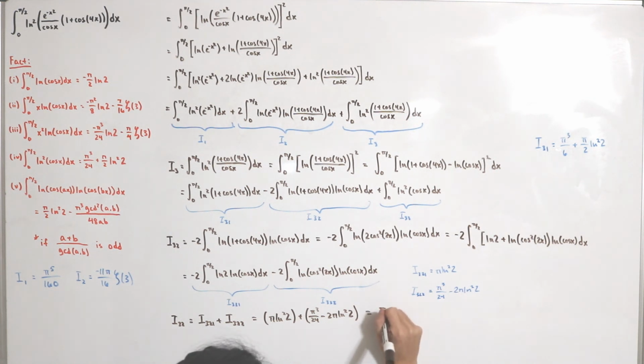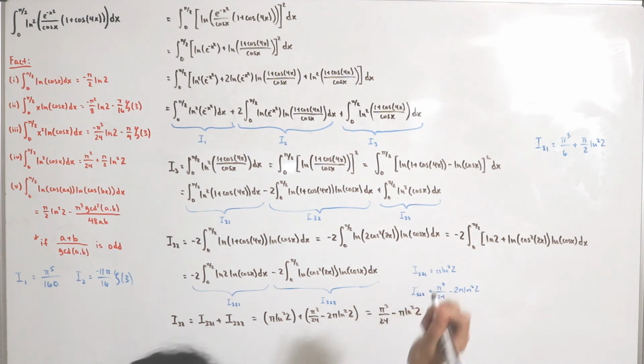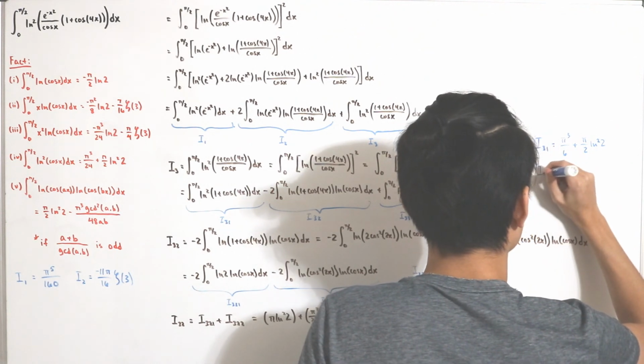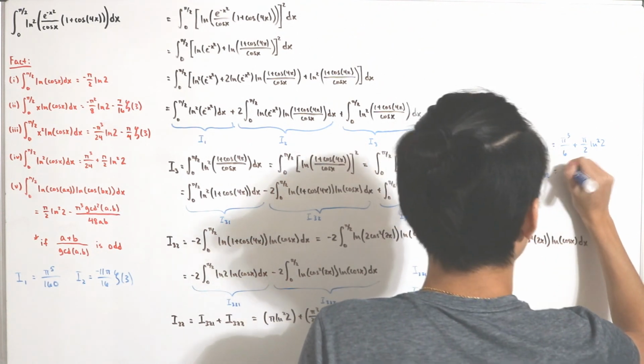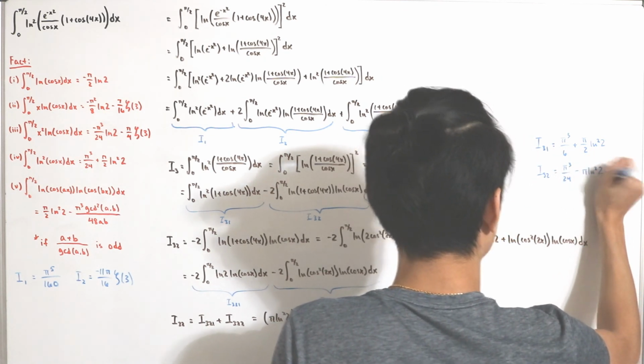We get that it's just pi cubed divided by 24, and then, it's supposed to be a minus, minus pi ln squared 2. Okay, cool. So with that, we have solved for our I sub 3, 2. So I sub 3, 2 equals pi cubed divided by 24 minus pi ln squared 2.